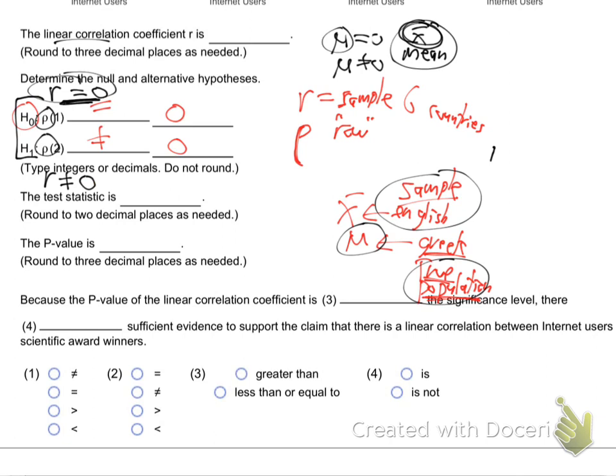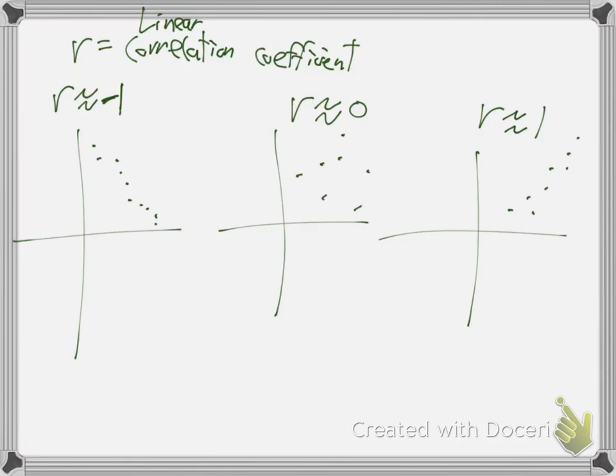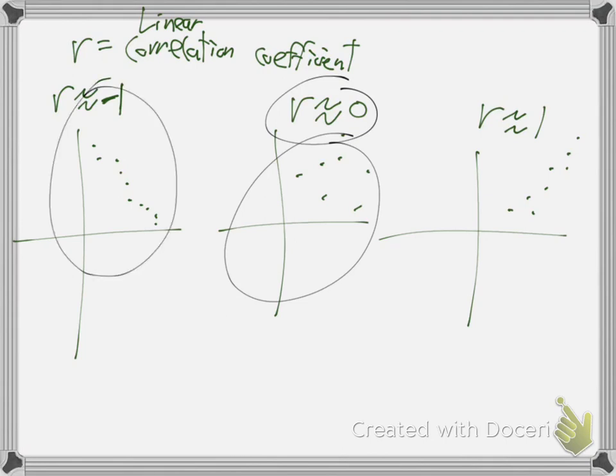Now, what does it mean if R equals 0? Remember, back here? What does it mean if R is 0, or basically 0? No linear relationship. Look at those crazy dots. They're not lined up. They're not in a line. No linear relationship. Whereas if R is far away from 0, if R is way down close to -1, then there's a linear relationship going down.